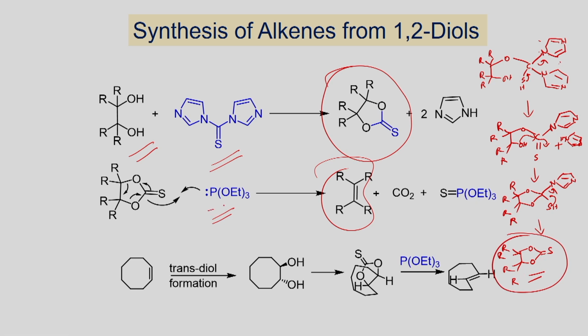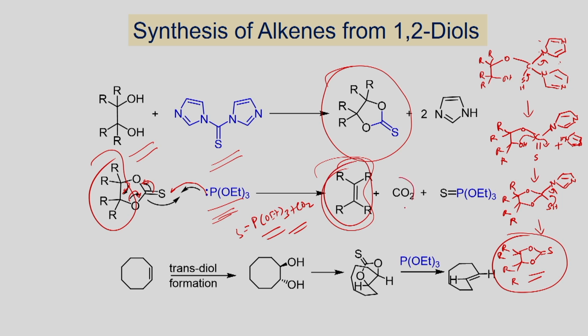Once you form this one, this can now react with, as shown here, triethyl phosphite. In this case it can add here, and this will go here and this will come here, and what you do, you get this, and you lose CO2 plus you get the alkene as the product.